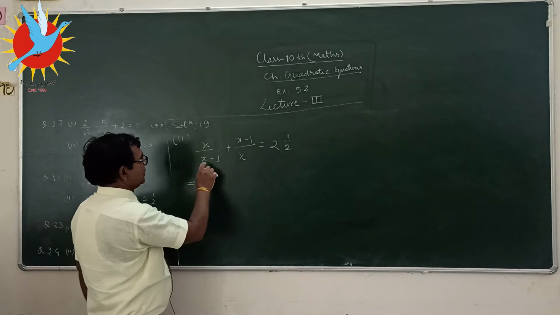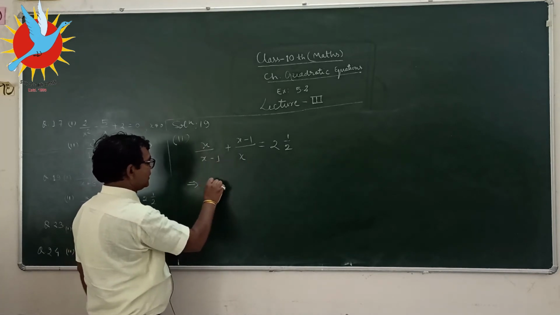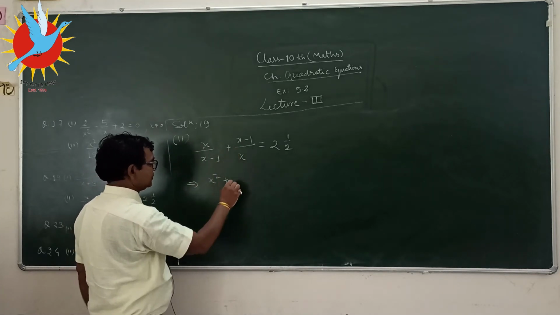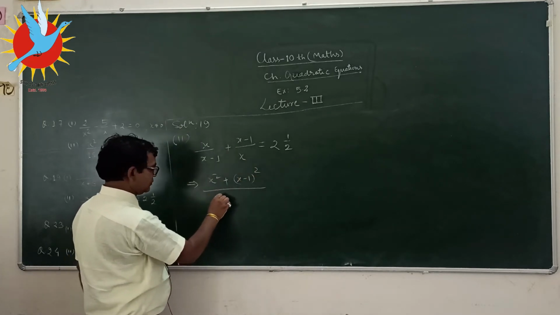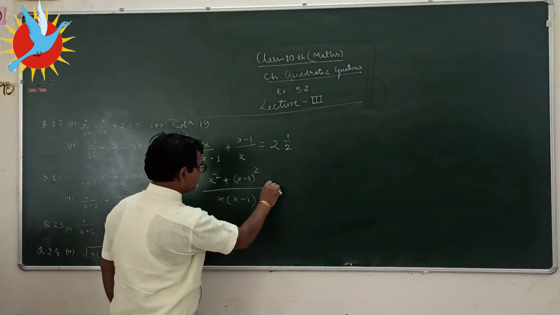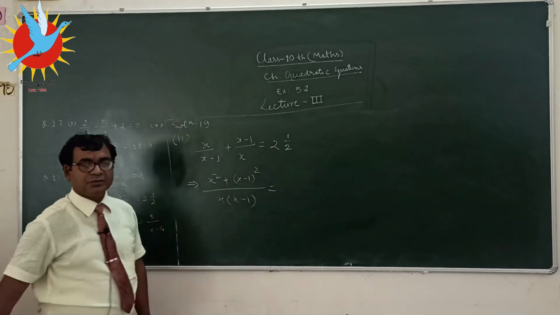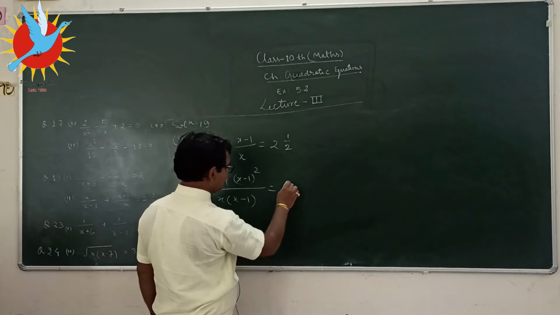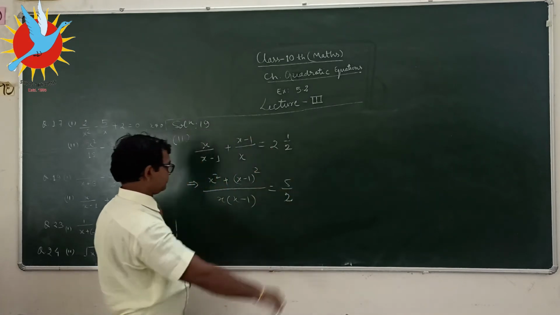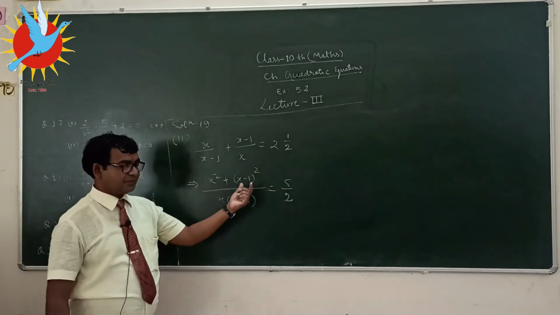Now solve this, multiply this to this, we have x square, and this to this we have x minus 1 whole square upon x into x minus 1, and convert it into improper fraction. This will become 2 twos are 4 plus 1, 5 by 2. Now solve this.